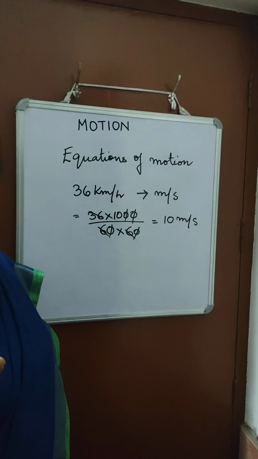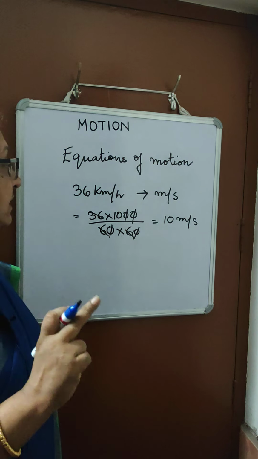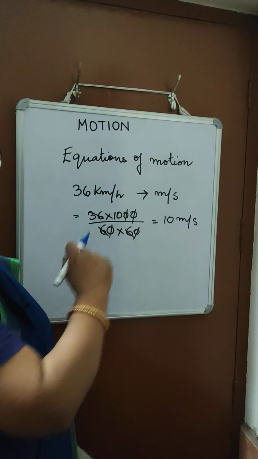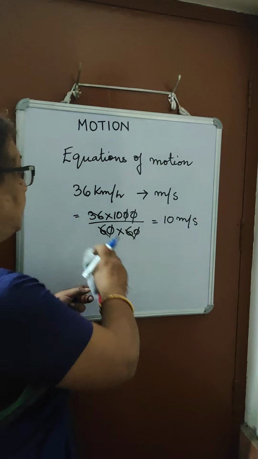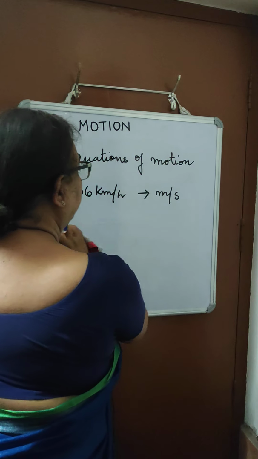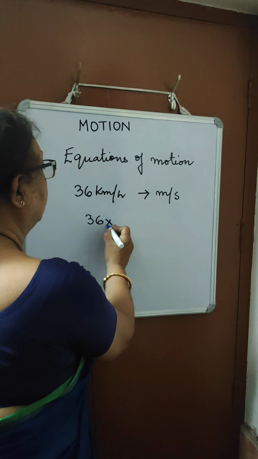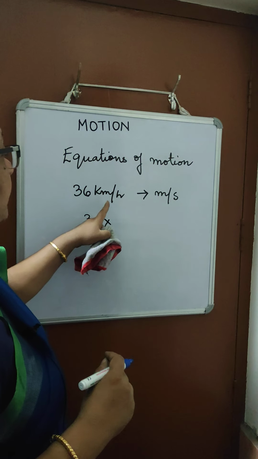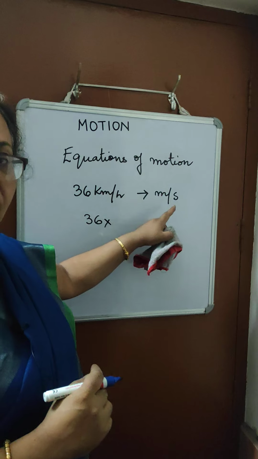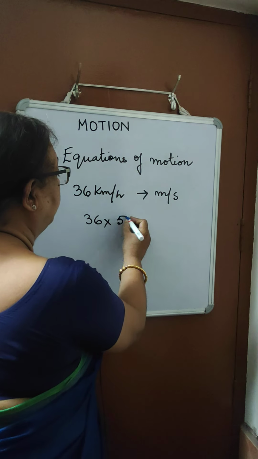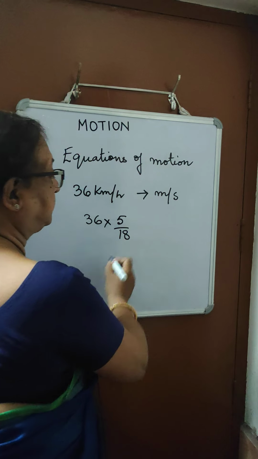Now this is known to you. There is another easy way of converting kilometer per hour to meter per second. What is it? We directly multiply this. We want to convert from kilometer per hour to meter per second, so we multiply this by 5 by 18.